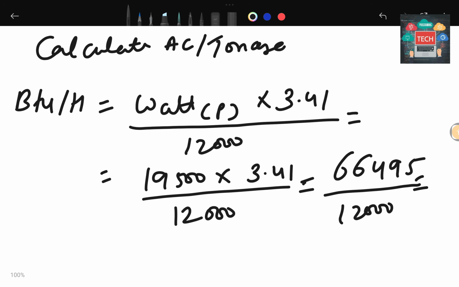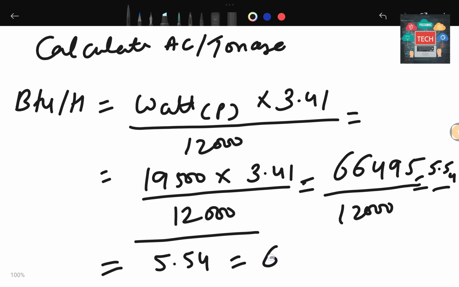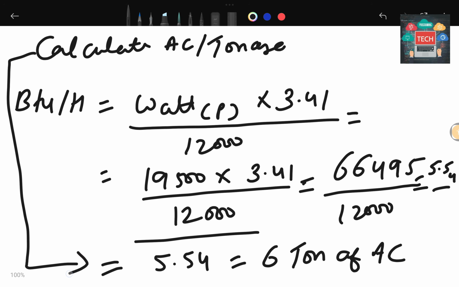So our result is approximately 5.54, which means you actually need 6 ton of AC. So this is my AC calculation for my data center. Hope you all got it.